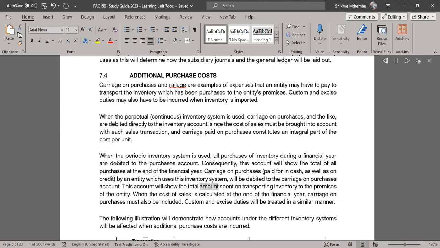This account will show the total amount spent on transporting inventory to the premises of the entity. When the cost of sales is calculated at the end of the financial year, carriage on purchases must also be included. Custom and excise duties will be treated in a similar manner. The following illustration will demonstrate how accounts under the different inventory systems will be affected when additional purchase costs are incurred.